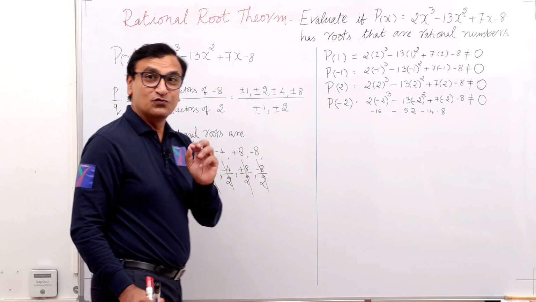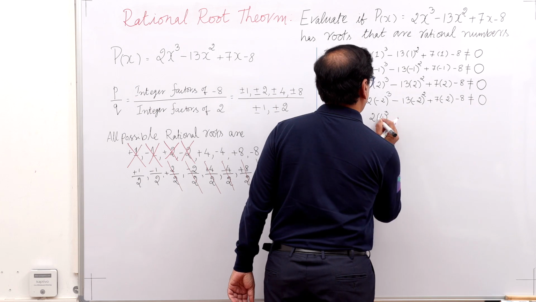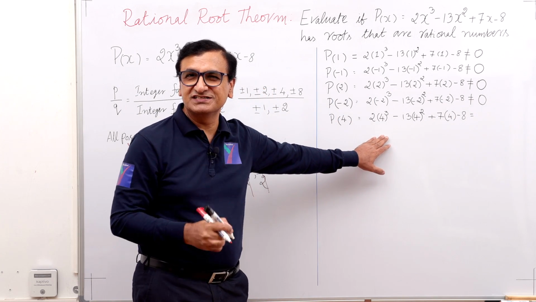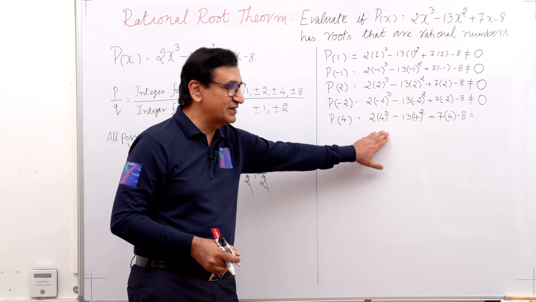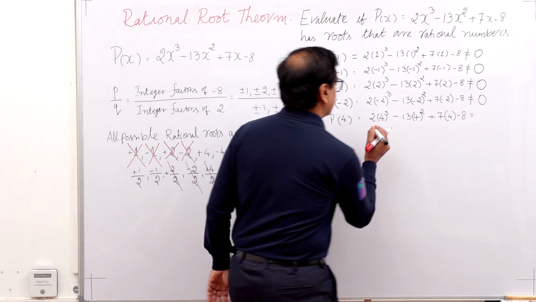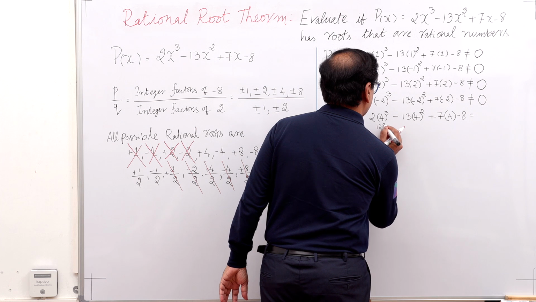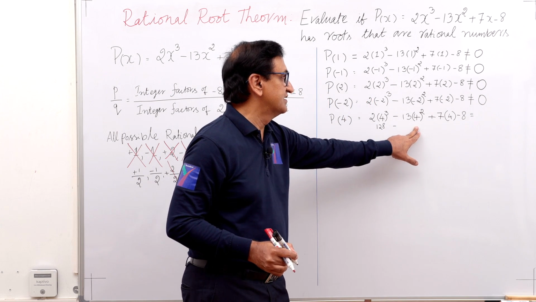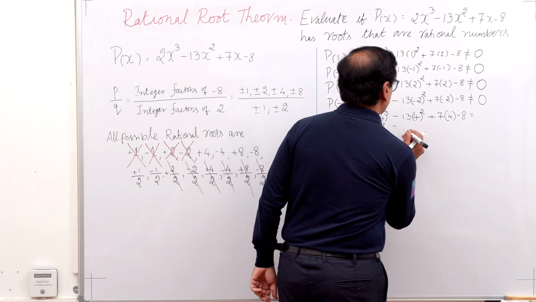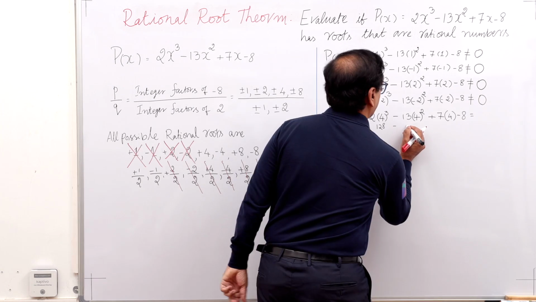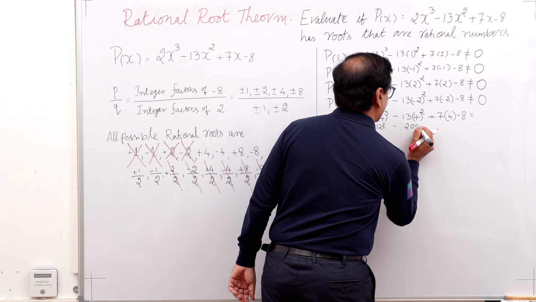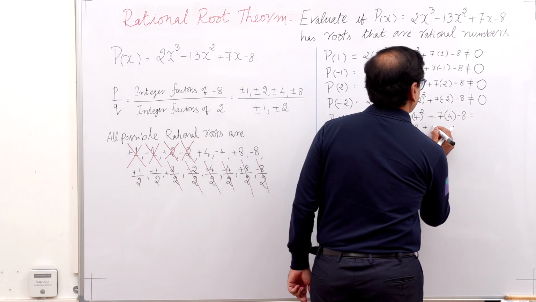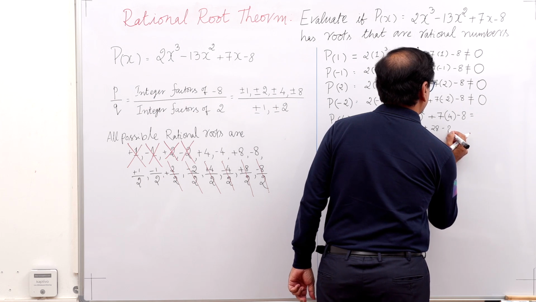Next, we'll check for 4. Let's look at this. 4 cube is 4 into 4, 16, 16 into 4, so 64. So 2 multiplied by 64, 128. So this is 128 minus 13 times 4 square, 13 into 16. I think 13 into 16 is 208, plus 7 fours are 28, minus 8.